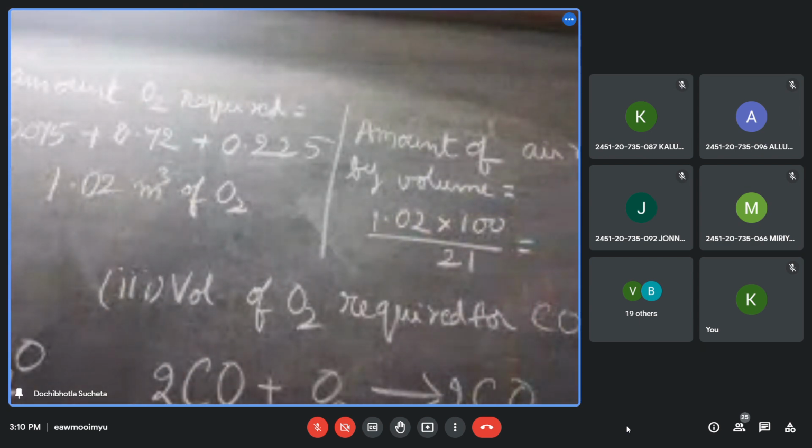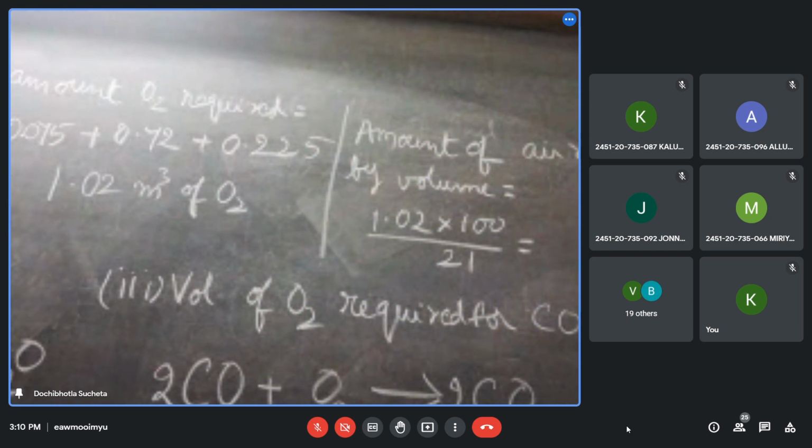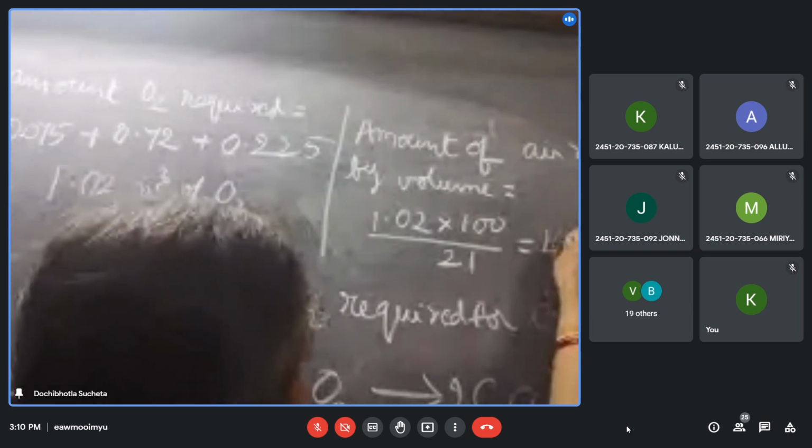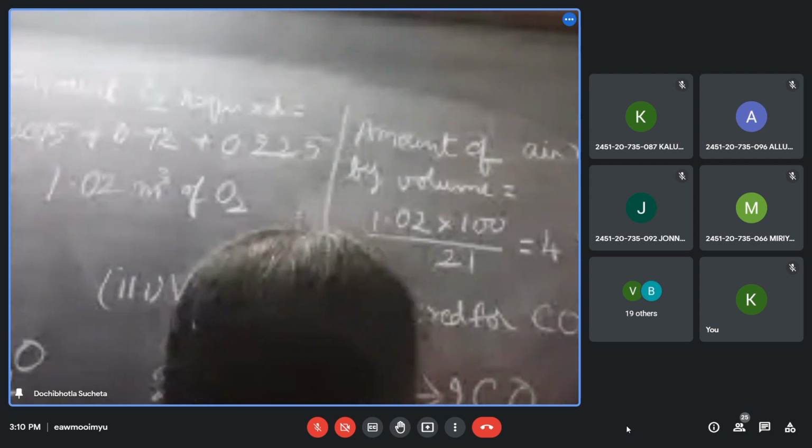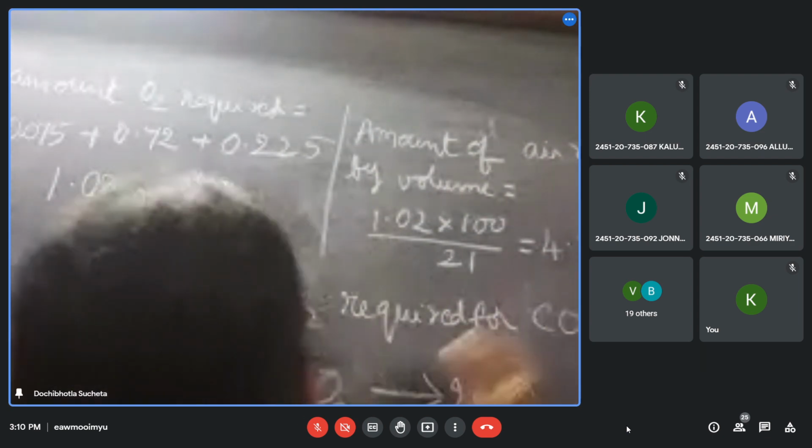Enter. 4.857. 4.857 meter cubes of air is the answer.